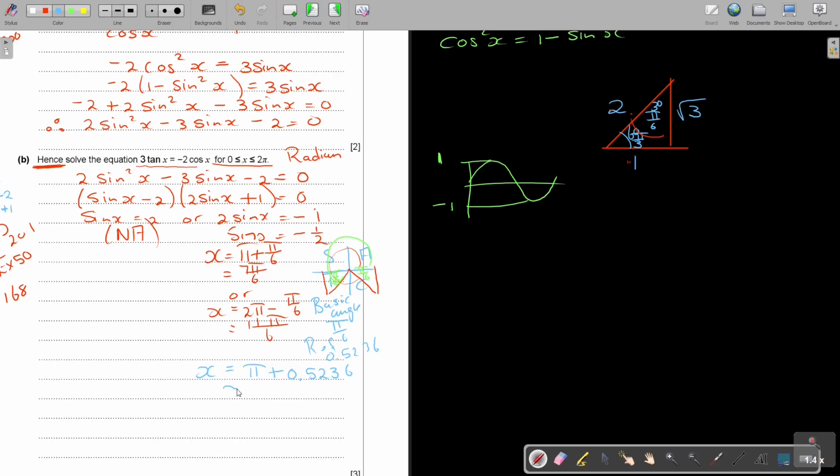And it's always good to first write your calculator display down. If I go shift pi, plus 0.5236, I get on my calculator 3.6651927.